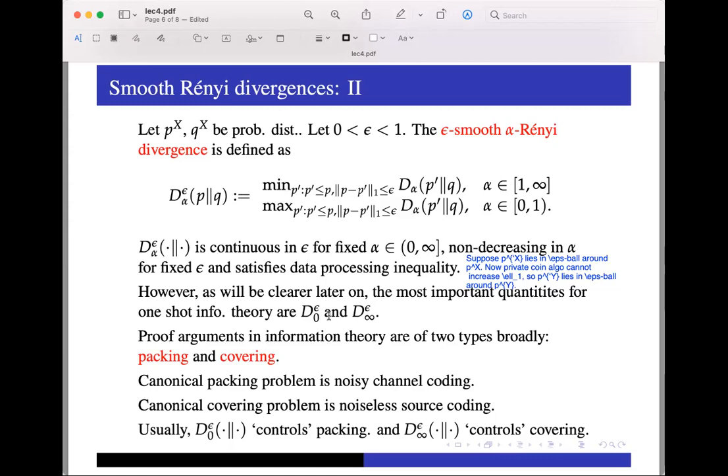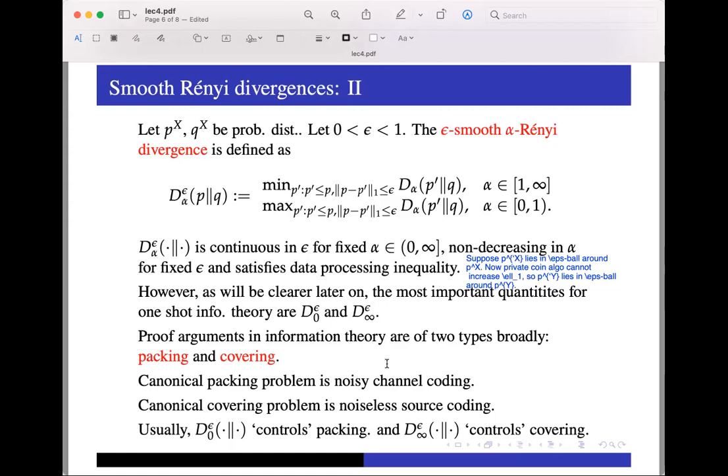If P is full support, d0 is always 0. So one would be led to believe that d epsilon 0 is also a useless quantity. But actually, it turns out that's not the case. As will become clear later on, the most important quantities for one-shot information theory are d epsilon 0 and d epsilon infinity, the two endpoints of the Renyi parameter.